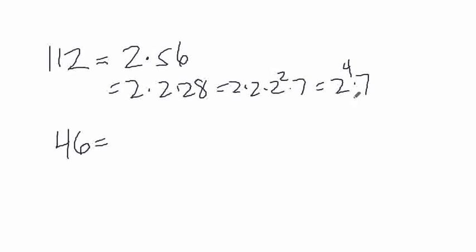If I did that correctly, let's see. 16 times 7, 70 and 42. Yes, that is correct. And then 46 is 2 times 23, and I believe 23 is prime. So that's that.